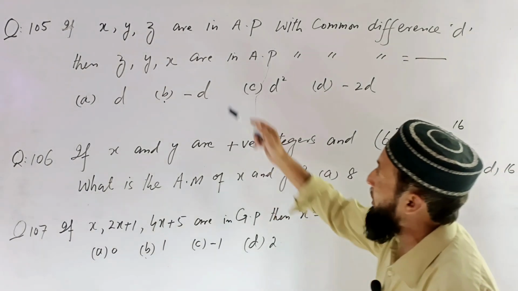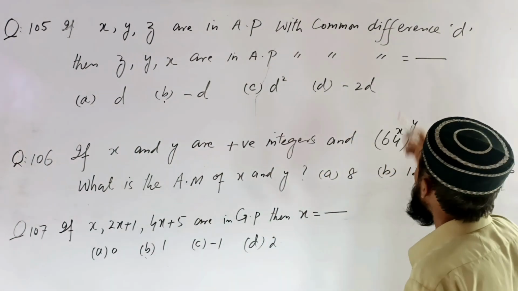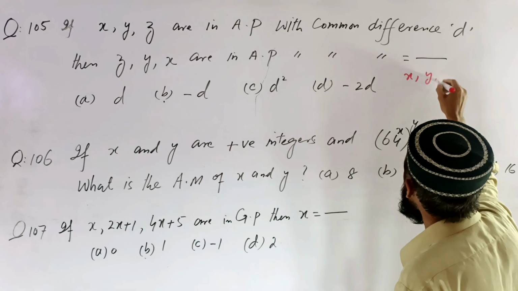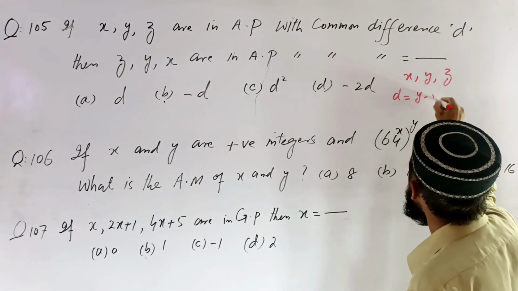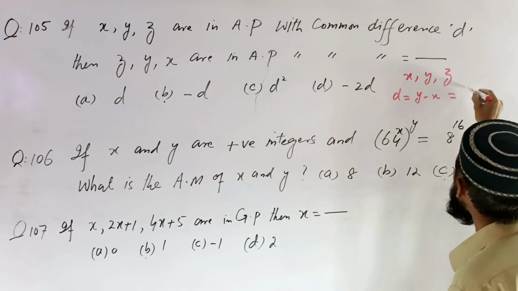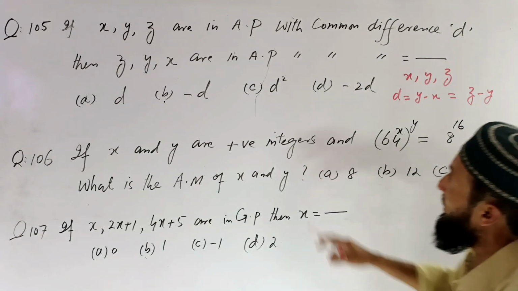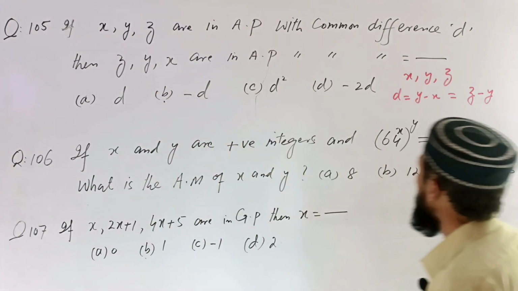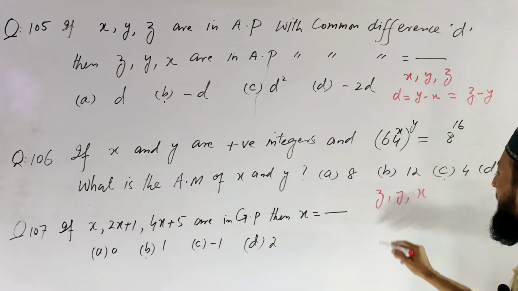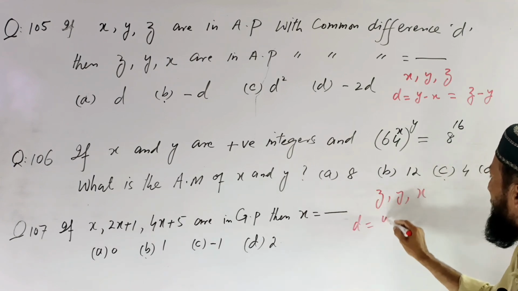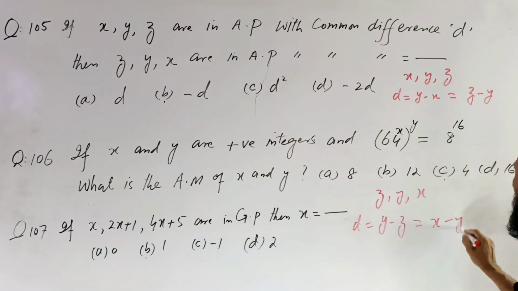First of all, x, y, z we can write in arithmetic progression. If we take their common difference, we can write y minus x, and the second one is z minus y. Similarly, for the arithmetic progression z, y and x, the common difference is y minus z, which is equal to x minus y.